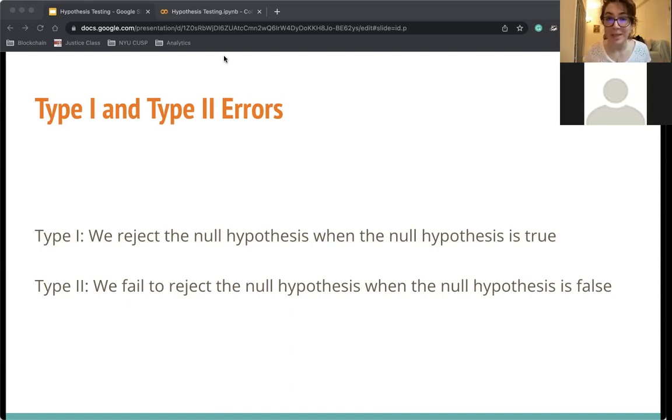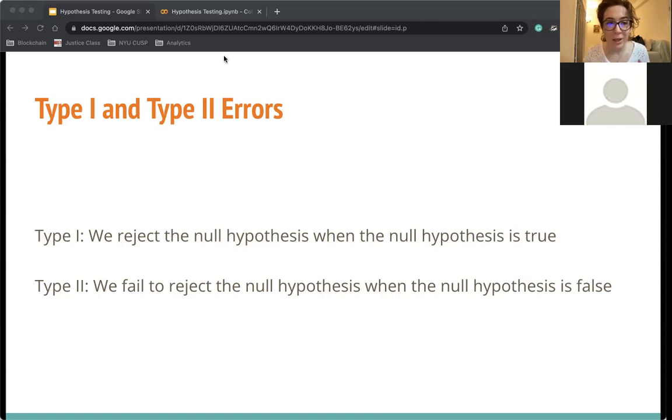Ideally, we would want to reject the null hypothesis when the null hypothesis is indeed false, and not reject the null hypothesis when it is true. However, we may end up rejecting or not rejecting the null hypothesis erroneously, due to random chance, or perhaps because we're not using the types of experiments that were really needed to prove our theory.